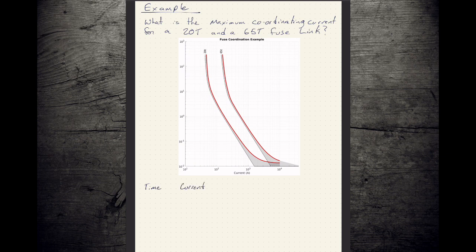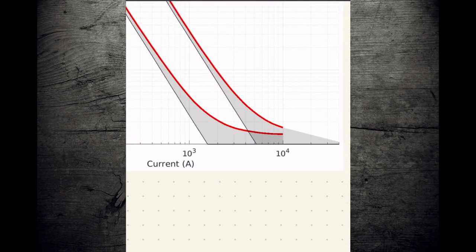We're going to start out by reading some times and currents off of our graph. Down here we can see we're at 1, 2, 3, 4, 5,000.